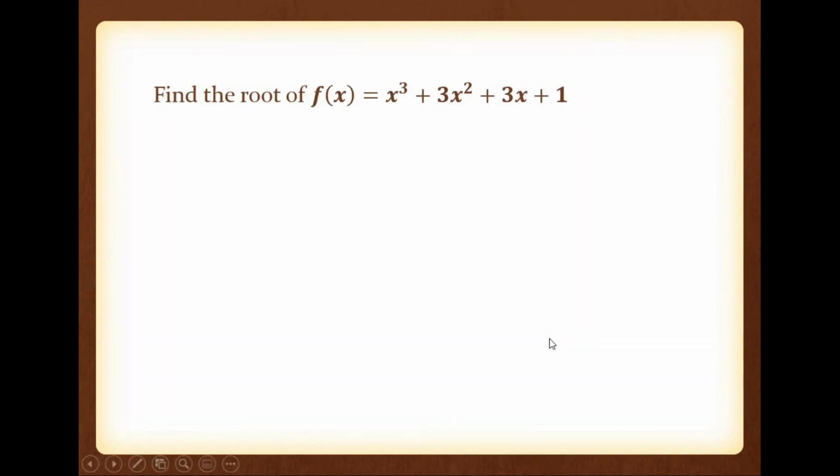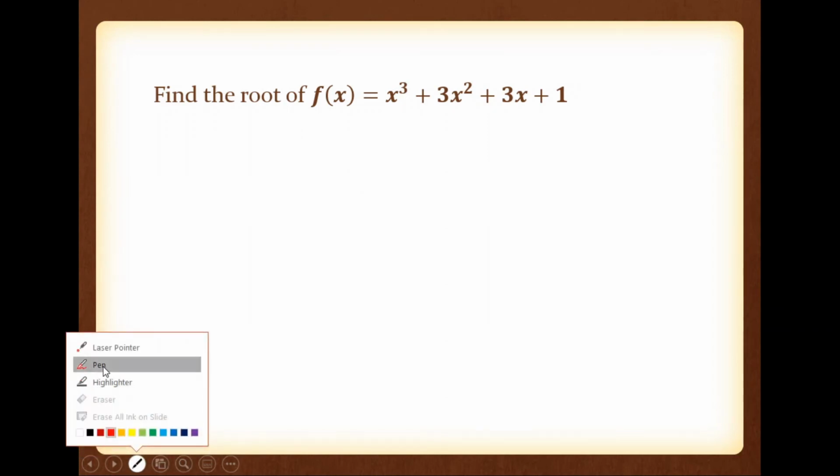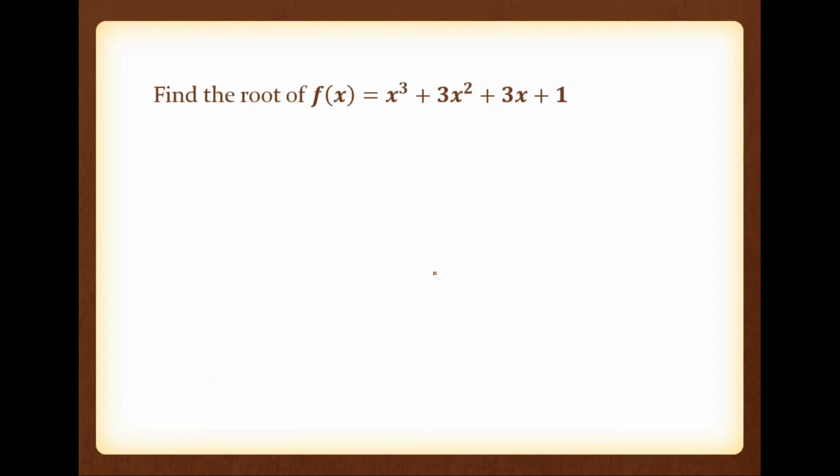So for example, note down this question. Find the root of f(x) = x^3 + 3x^2 + 3x + 1. This is a familiar expression, so you can guess the root. Do one thing: use the regular Newton's method, meaning the one we discussed in the last class, x_{n+1} = x_n - f(x_n) / f'(x_n).